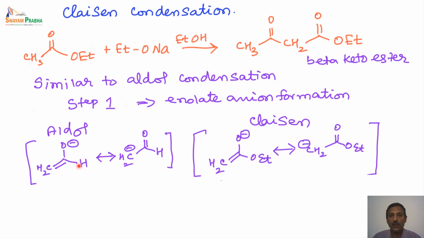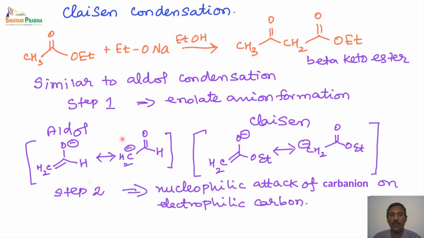The difference between these two is that in aldol we have a proton here, whereas in Claisen we have an OEt group here. This is the only difference; otherwise the mechanism and other steps are very similar.